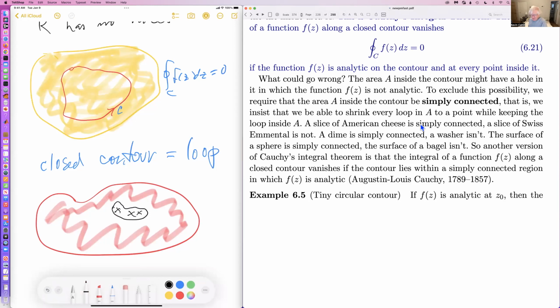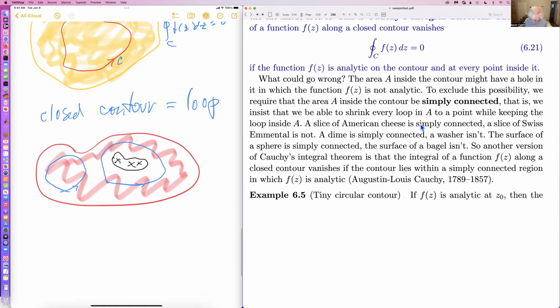Then we have a problem if we try to do an integral like this. The integral of an analytic function along a closed contour would vanish. But if we go around like this, and now we've got singularities inside, that one is not going to equal 0.